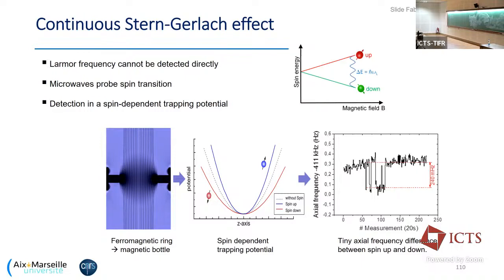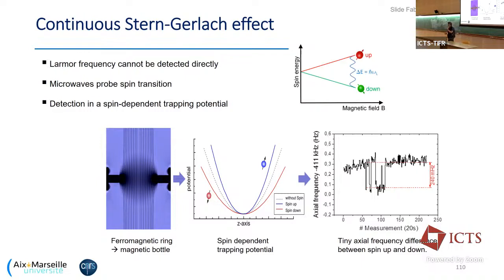Having different potentials means having different motional frequencies. So by measuring the different frequencies, we can know if it's spin up or spin down, and we can see if there has been a transition from spin up to spin down or vice versa.